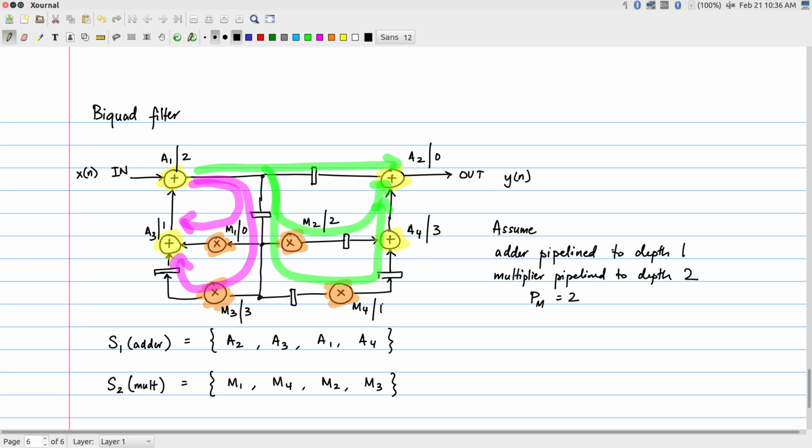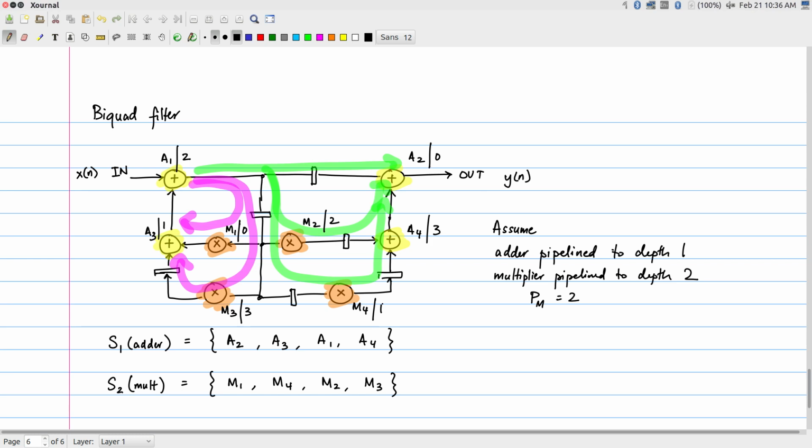That essentially is the problem. That ultimately is the most interesting problem in this entire thing. How do I come up with a valid set of these assignments so that none of the constraints are violated, and at the same time I am able to execute all my operations with a limited amount of hardware, in this case with one adder and one multiplier?